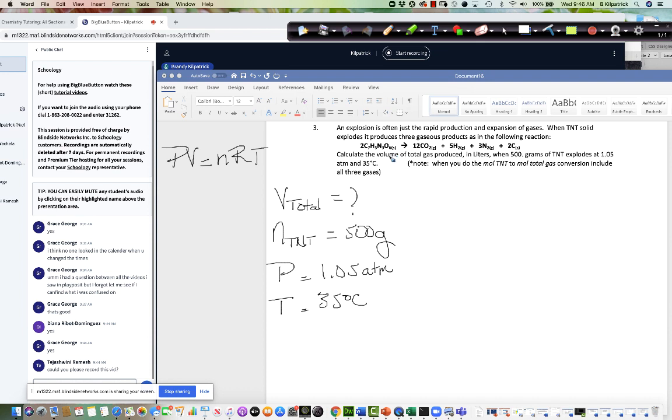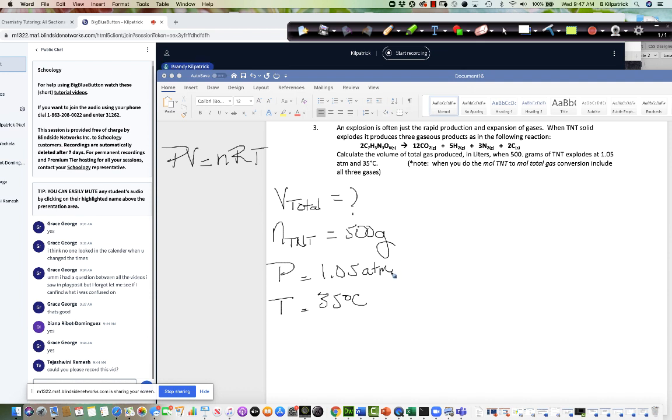So you're going to have to convert it first, and then we can get the total volume. So we're going to do stoichiometry first. So essentially the rule is, if you're given a mass first, you're going to use stoichiometry first. If you're given a volume first, you're going to use the ideal gas law before you use stoichiometry.